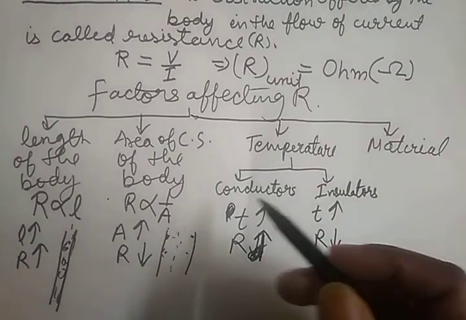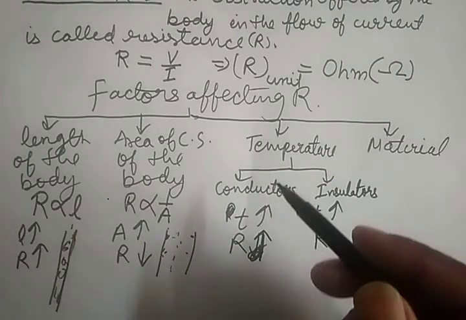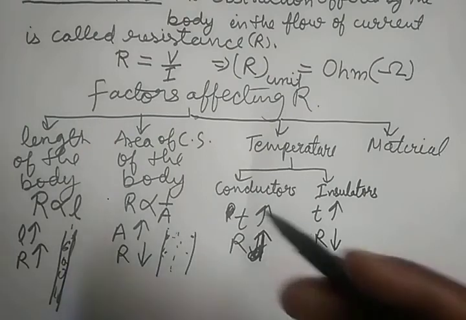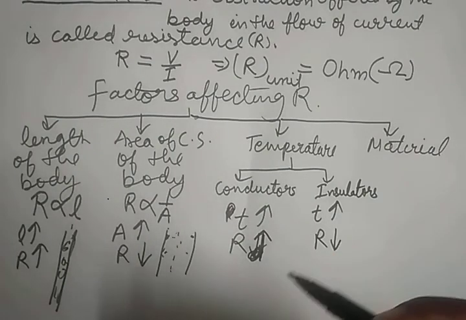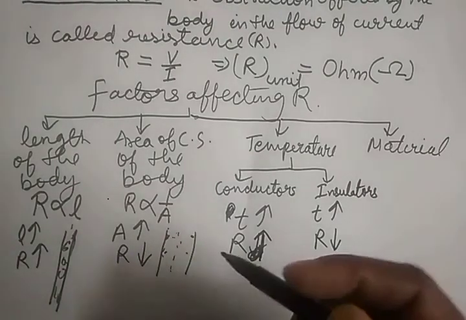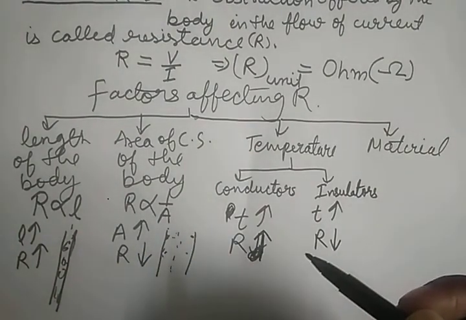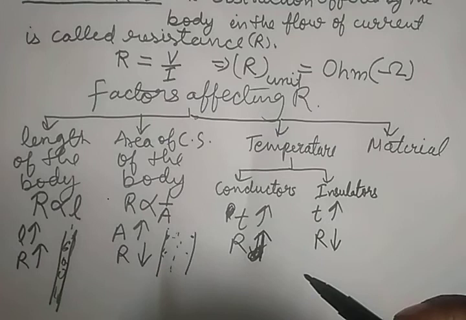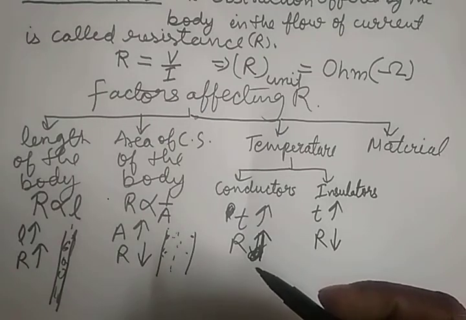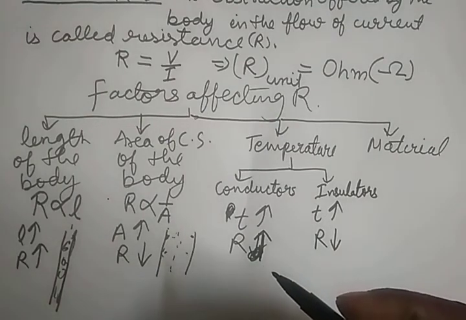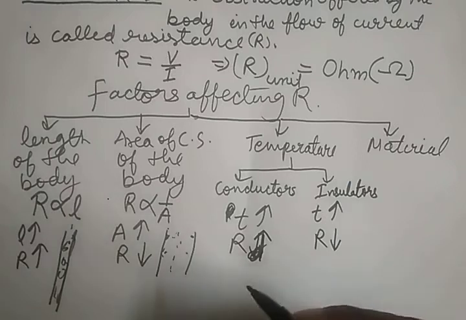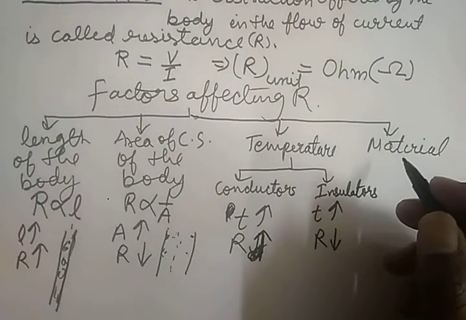But in conductors, if temperature increases, it already has free electrons, so there is a random motion in those electrons, so their conduction does not increase, rather it decreases because they do not flow in a proper way.